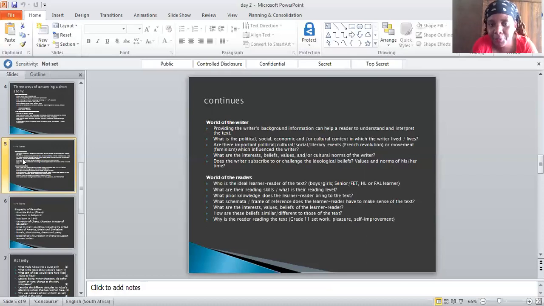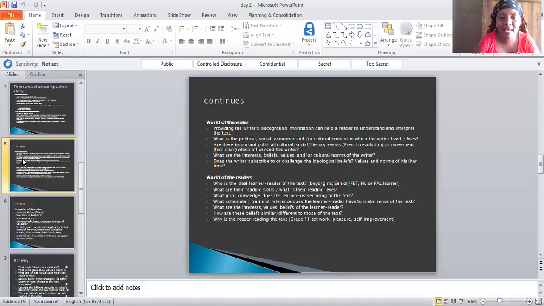What schemata or frame of reference does the learner reader have to make sense of the what? Of the text. Now, what are the interests? What are the values? What are the beliefs of the learner reader? How are these beliefs similar to those of the text, or how are these beliefs different to those of the text? These are the things that a reader should have.